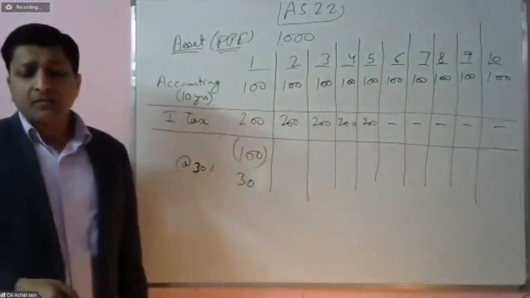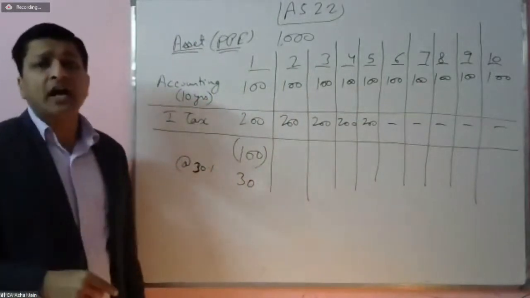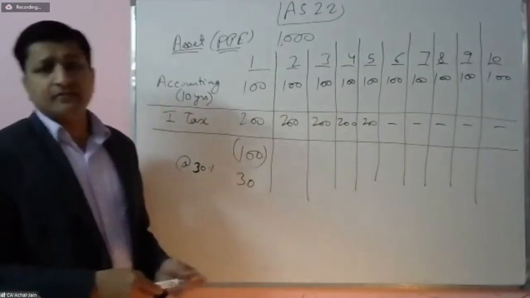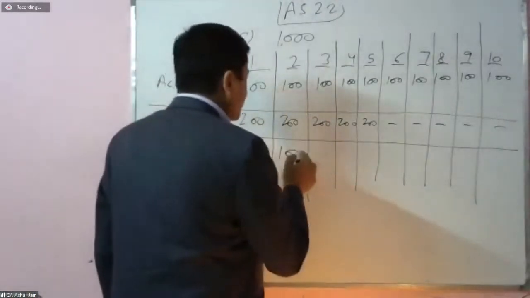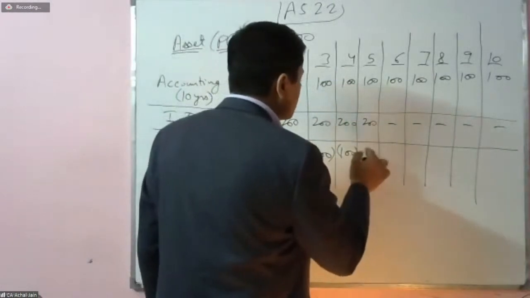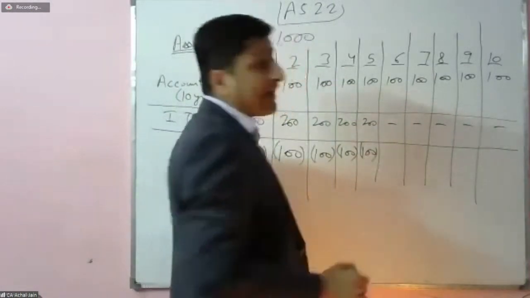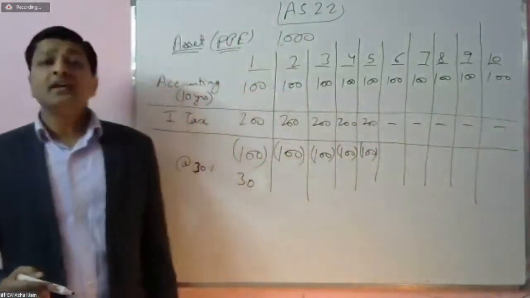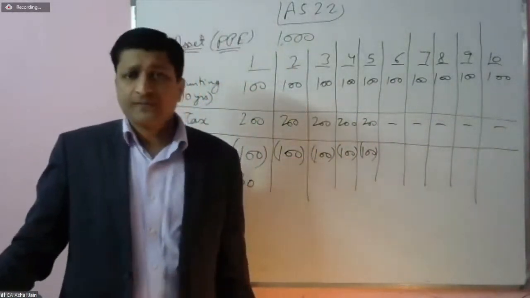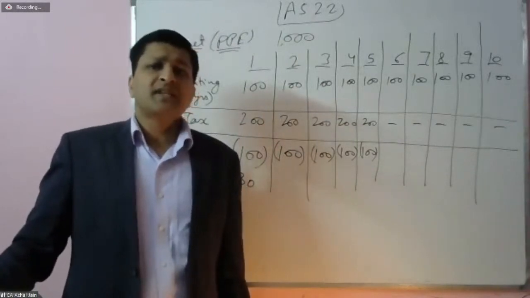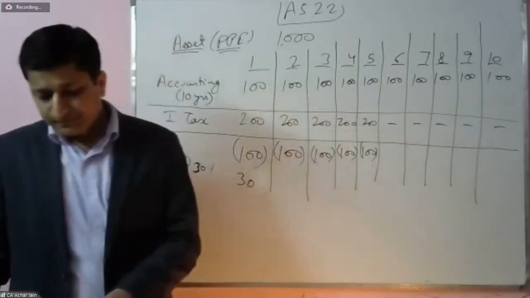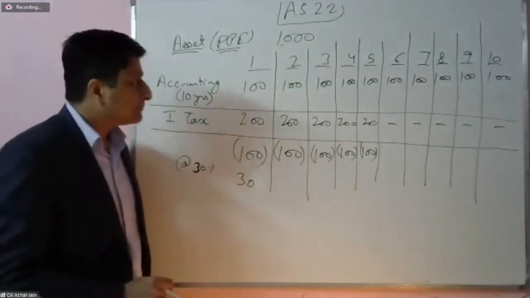But because income tax depreciation is higher than the depreciation as per books, that's why every year I ended up paying lower tax. Can you see this? Every year same thing is happening. I am paying lower tax.